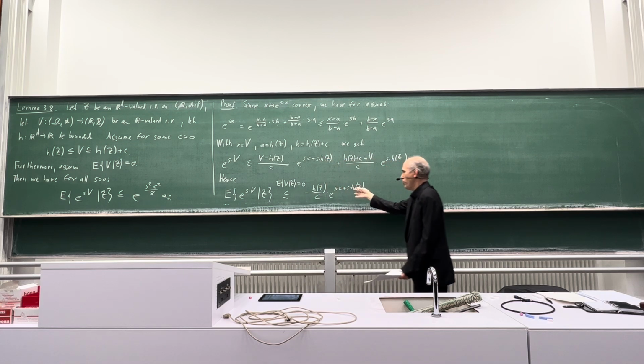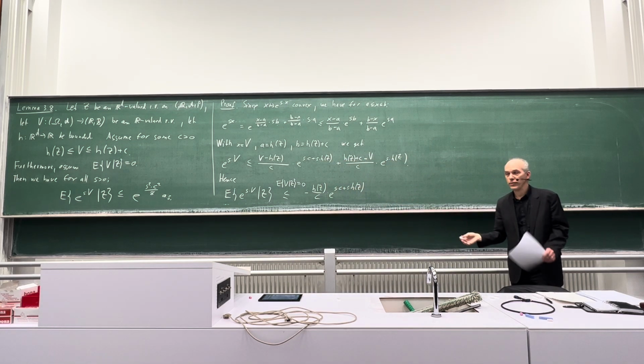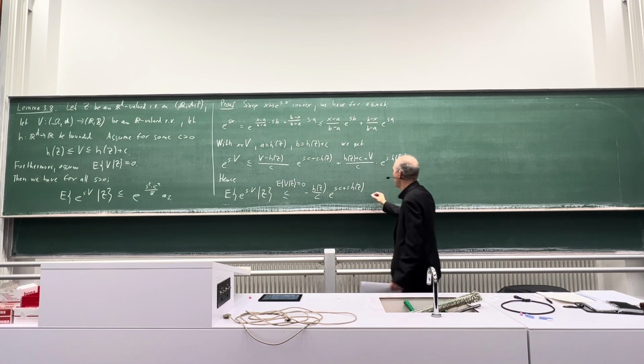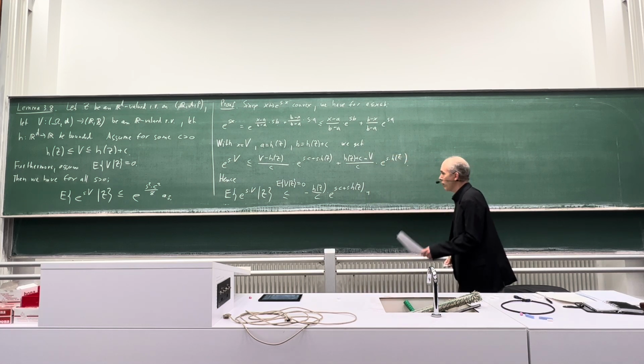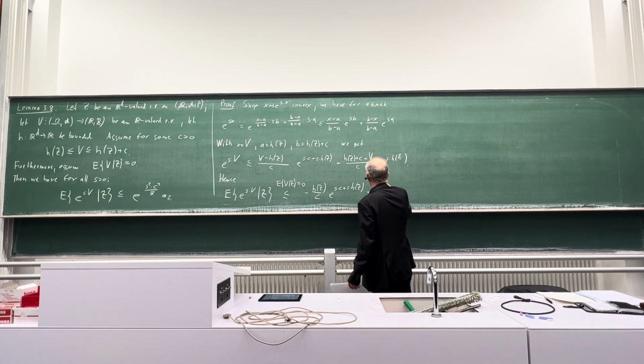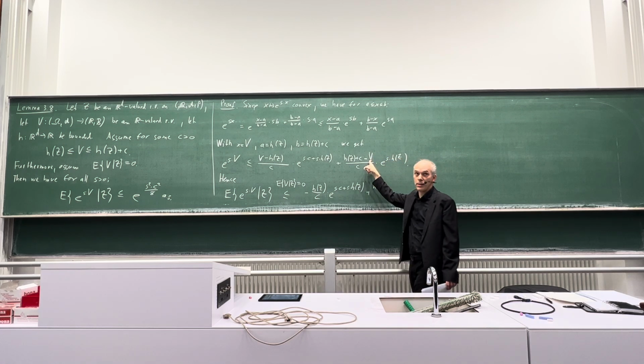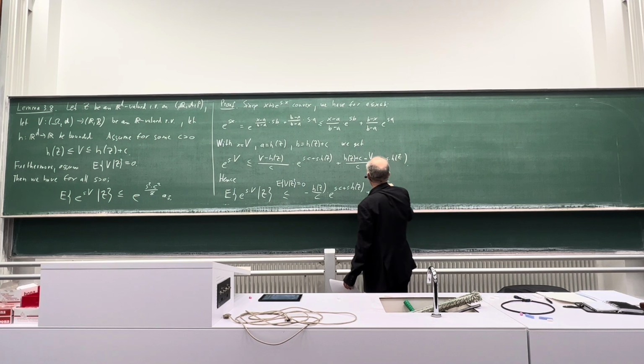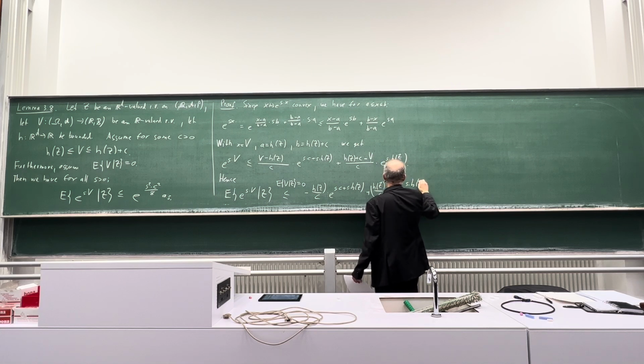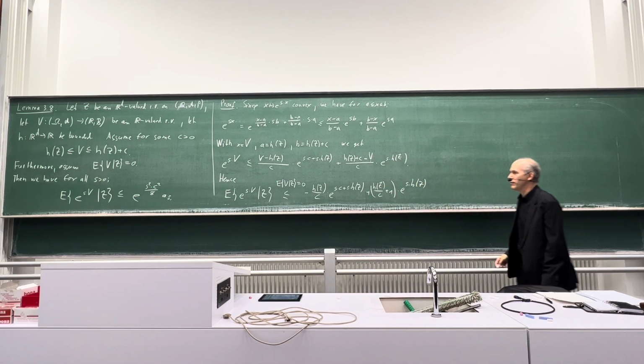Because this whole thing here now is measurable with respect to z, plus again this guy here cancels, and I write it in this way. So the conditional expectation of v is again 0, h of z divided by c plus 1 times e to the power s times h of z is again measurable. So we have this one.